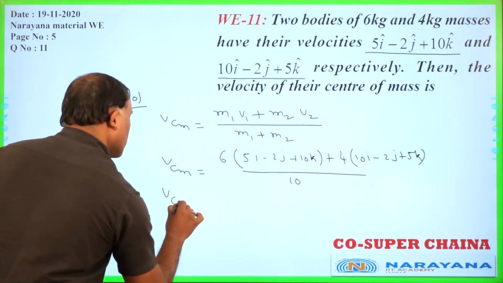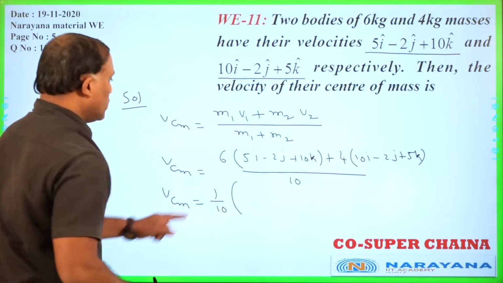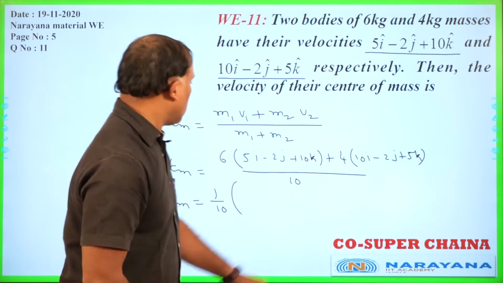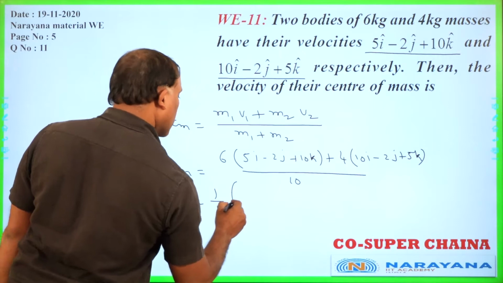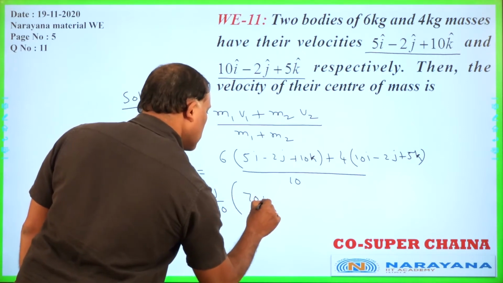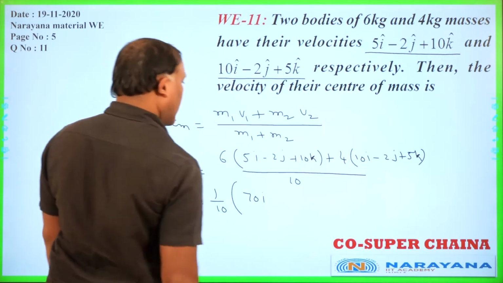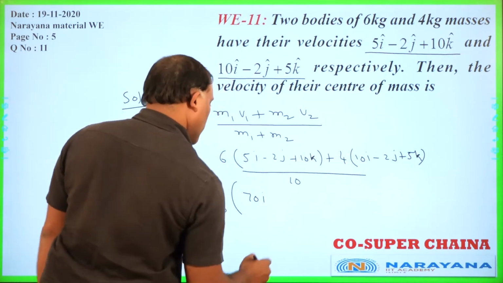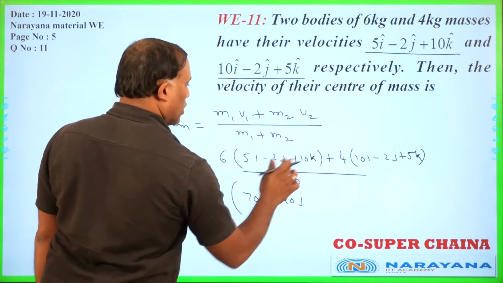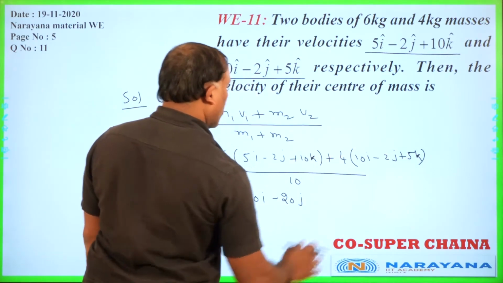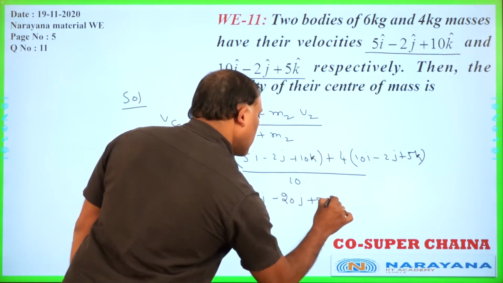So velocity of center of mass is equal to 1 by 10 into: 6 fives are 30, 4 tens are 40, 40 plus 30, 70i. 6 twos are 12, 4 twos are 8, 12 plus 8, 20, so minus 20j. 6 tens are 60, 4 fives are 20, 60 plus 20, 80k.